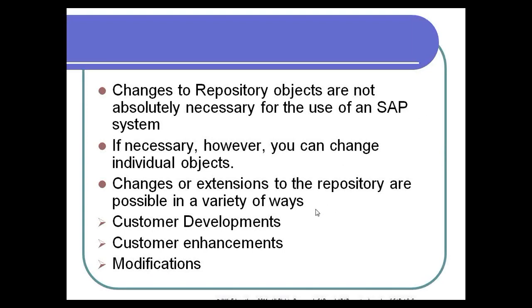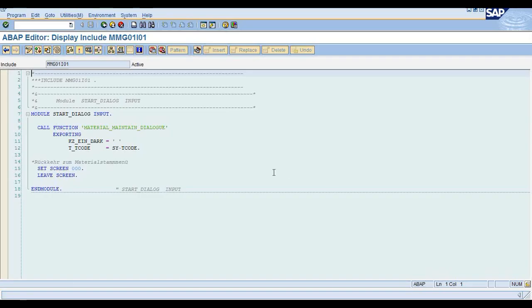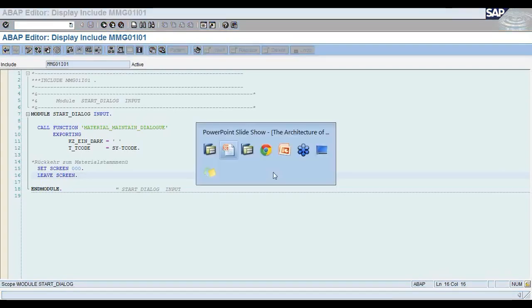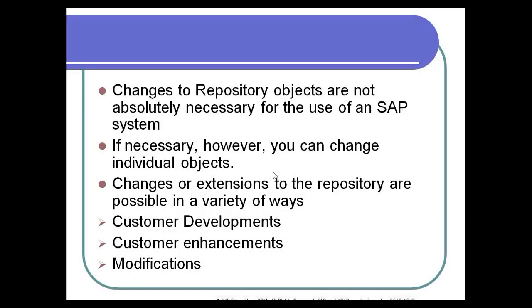If my user says, I'm using this MM01 application to create materials, but it doesn't let me capture this extra information that I want to capture, so I'm not able to use this transaction to create a material, then the first thing I look for is, are there any enhancements available to enhance this application? If there are, I'll try to implement them to capture that extra information. If there are no enhancements available, then you can modify, but the problem with modification is your code will be overwritten when you upgrade your system.